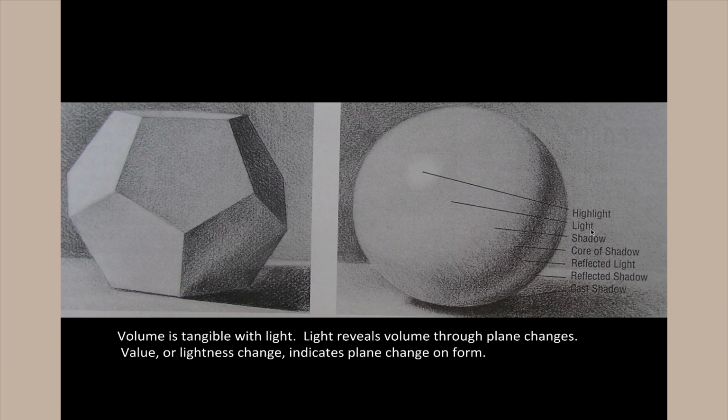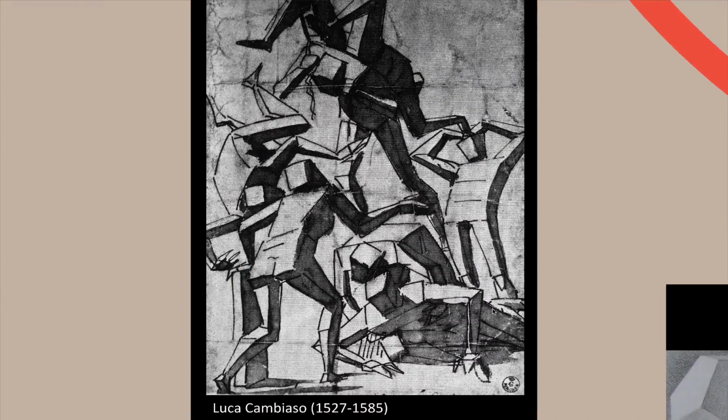So you have highlight, light, that's here, shadow, core of the shadow, which just means the darkest spot, and then there's often reflected light in your shadow, and sometimes even a reflected shadow. And then of course we have cast shadows, which are the shadows that the objects put onto other objects instead of just the shadows on those objects.